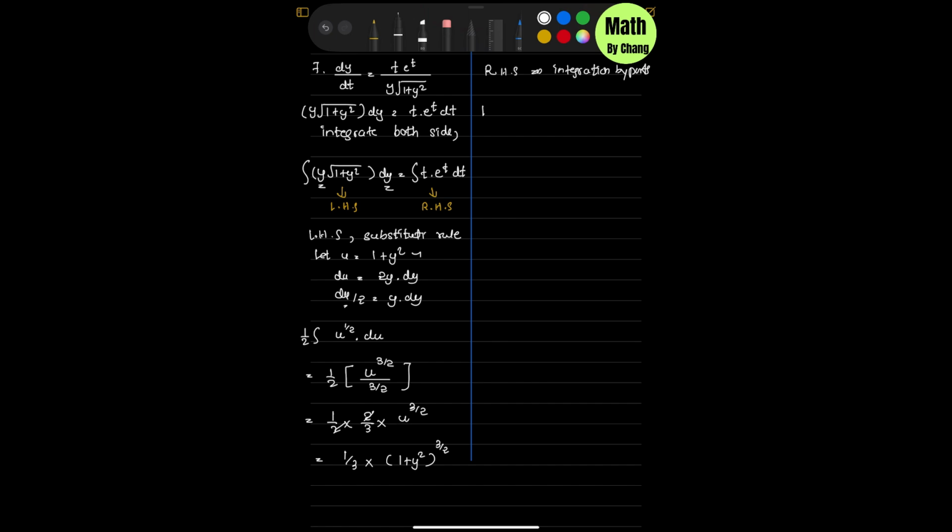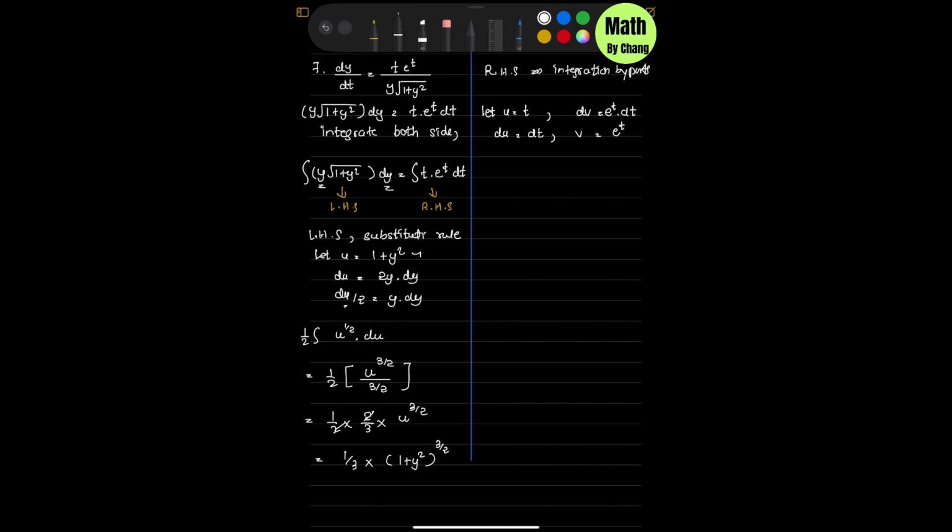So we let u = t and dv = e^t dt. Let's differentiate: du = dt, right? And v is e^t, since when we integrate e^t we get e^t over 1, but we can ignore the 1 from the denominator.